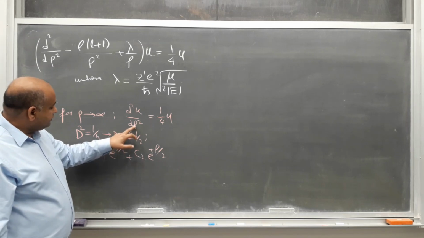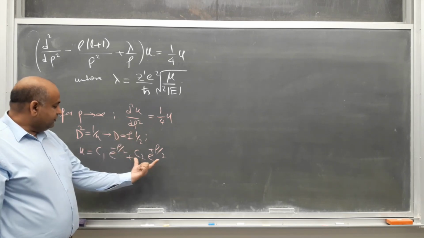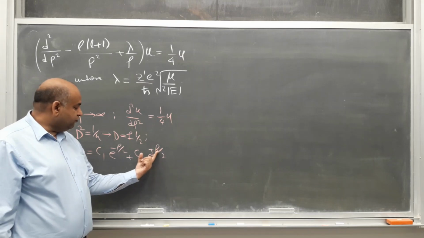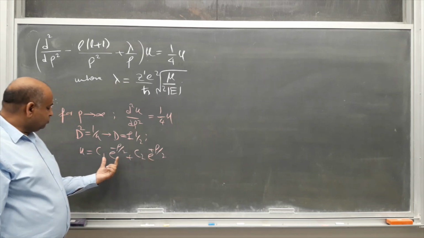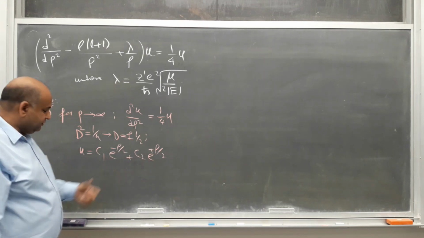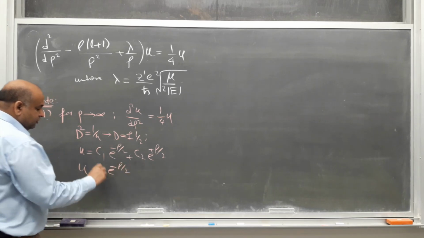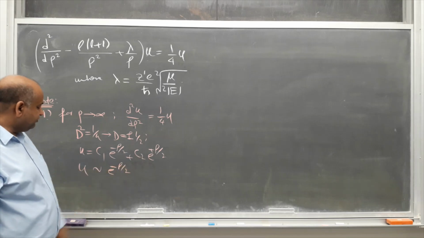So it means this rho is a positive number that goes from 0 to infinity. But in this solution, we see that this term will go to infinity as rho goes to infinity. So it means our solution for large r should only have a term like this. So for large r, our solution should have this term and this term shouldn't be there. So this is our one observation.